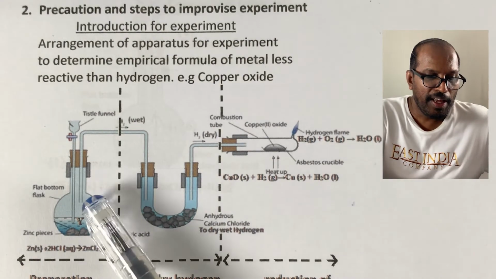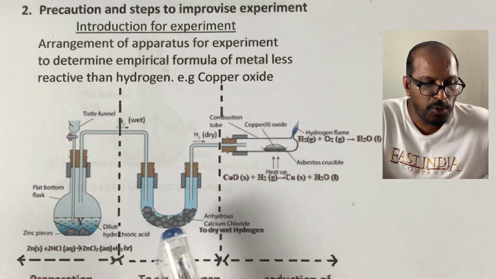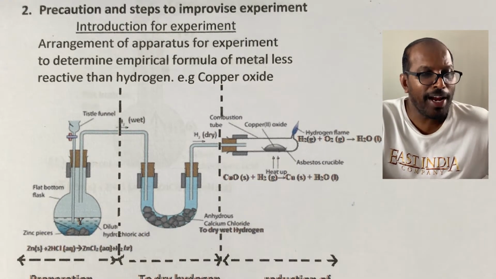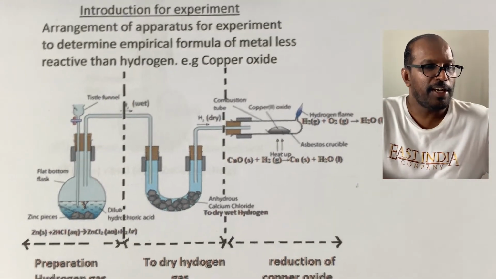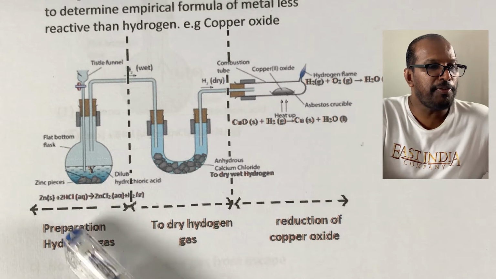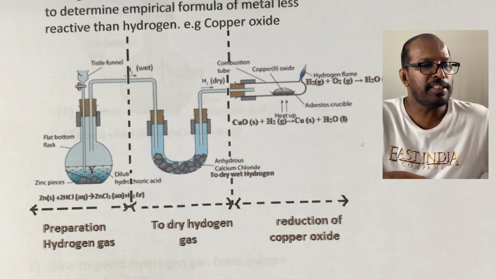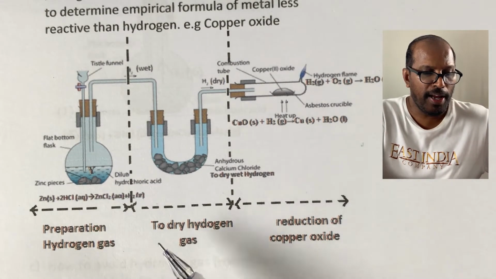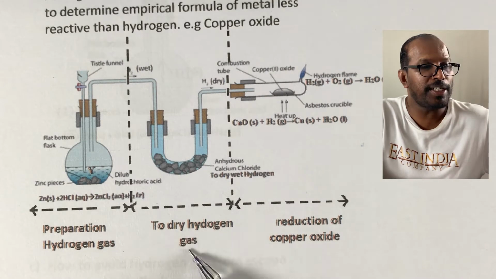Secondly, we need to know how to produce dry hydrogen gas. We have to do 3 steps here. Step 1 is the preparation of hydrogen gas. Step 2 is to prepare the dry hydrogen gas.